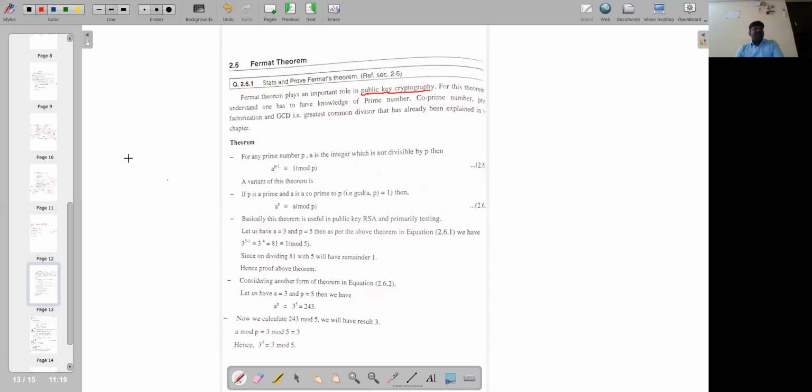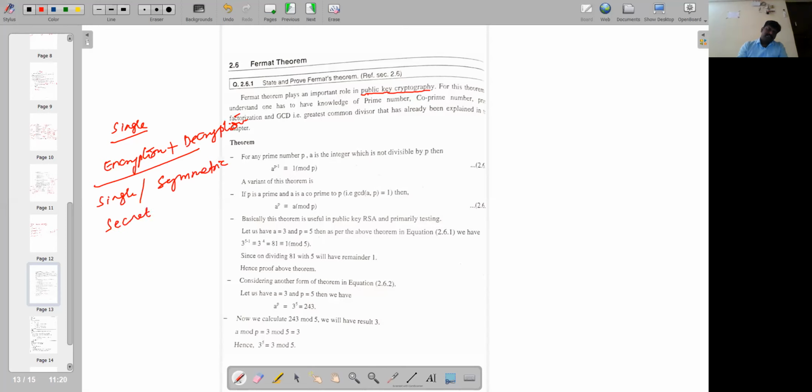So far, whatever techniques we discussed, the Caesar cipher encryption technique, the one-time pad, as well as the Vernam cipher, all the ciphers use the same key or a single key for encryption as well as decryption. This type of technique is called single key encryption, or secret key, or symmetric, or session key encryption techniques.